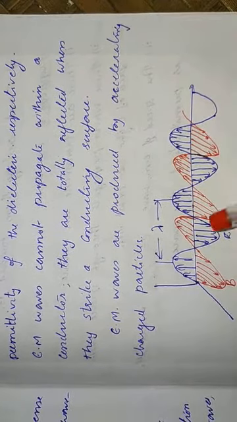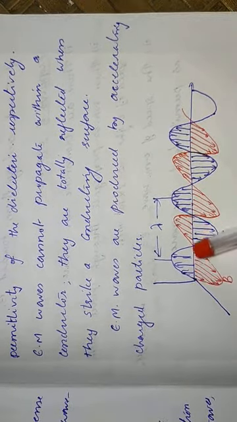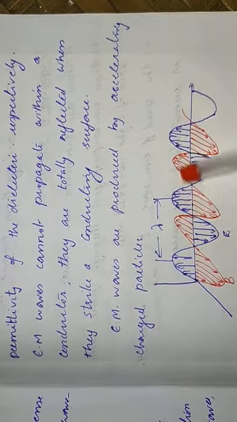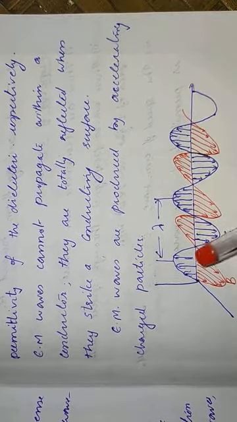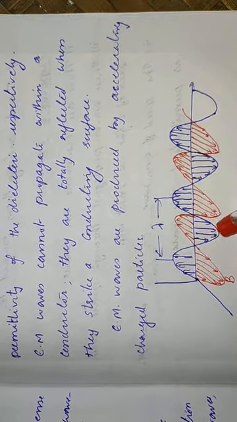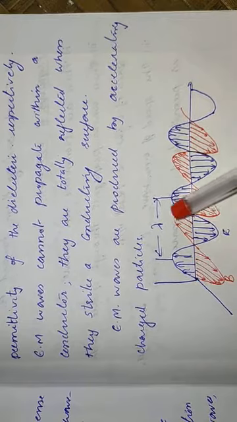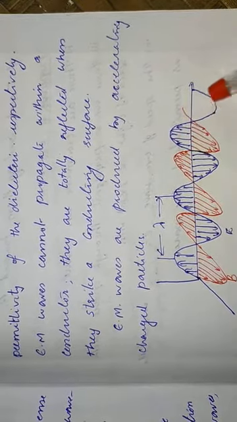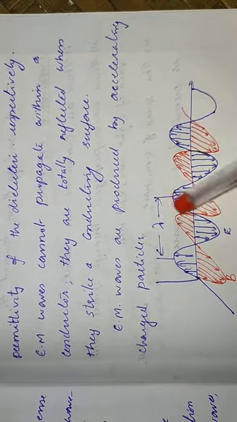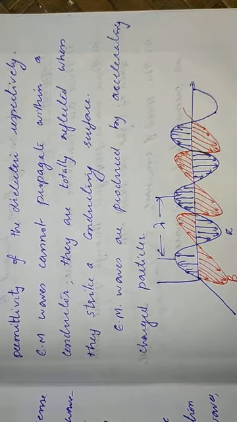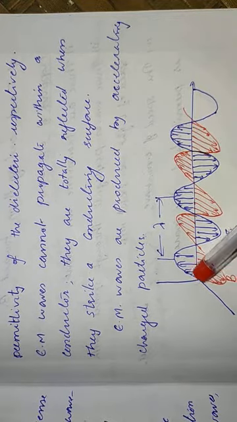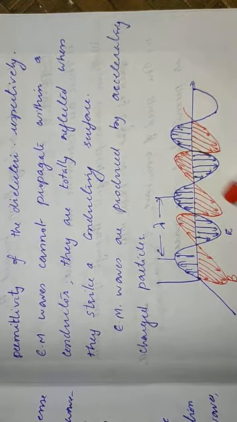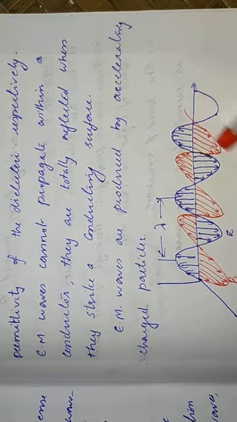The representation of an electromagnetic wave is shown here. This is the direction of propagation, the x direction, and one field, the electric field, is oscillating in the y direction, and the magnetic field is fluctuating in the horizontal plane.